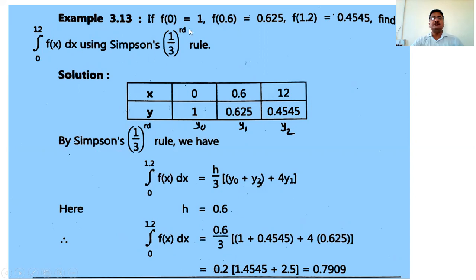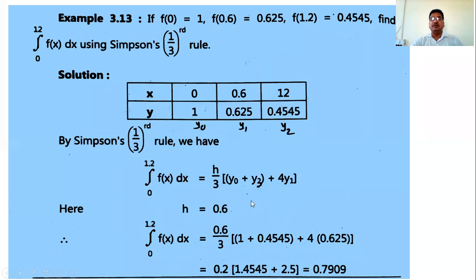We use Simpson's 1/3 rule. What is the rule? h by 3 times first value plus last value, y0 plus y2, write y2 not y3, plus 4 times the odd suffix, which is only y1, plus 2 times the even suffix, but there is no y whose suffix is even other than the first and last.